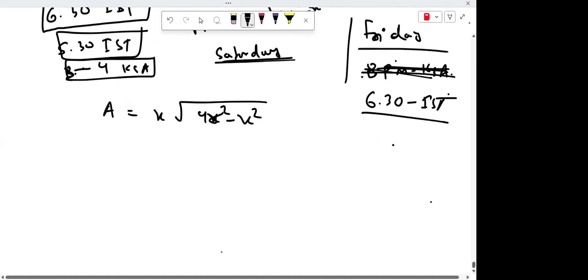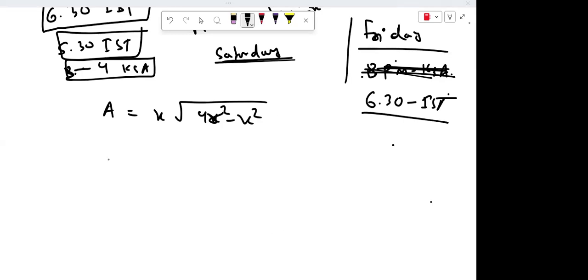Okay, just differentiate it. Okay. So A is x root 4r square minus x square.